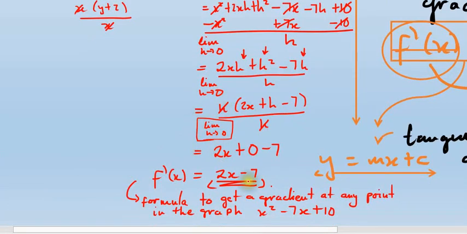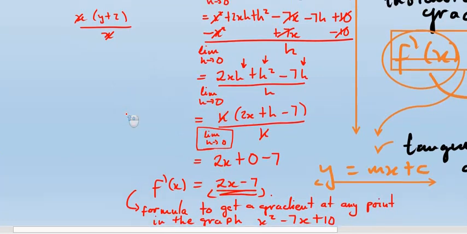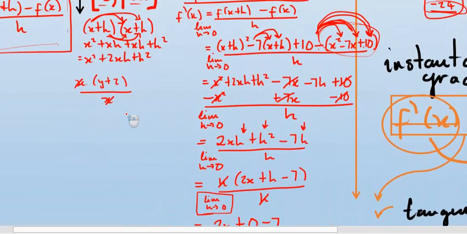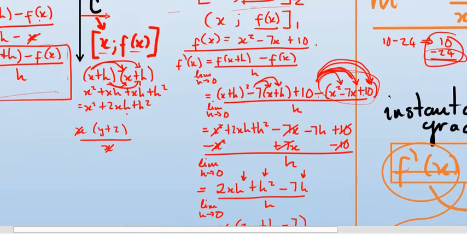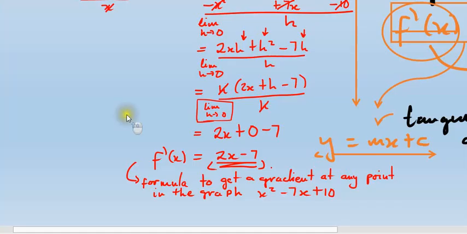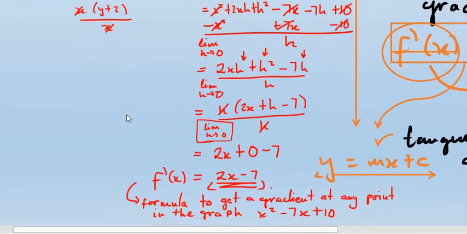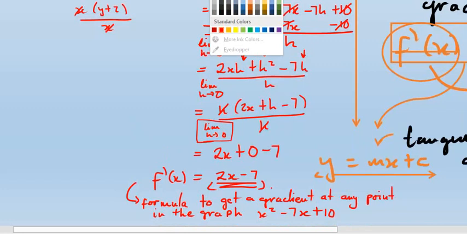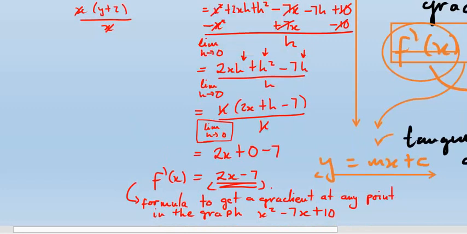Right, so that means if we were to ask you, let's just compute a value. You have a curve, and the curve was f of x equal to x squared minus 7x plus 10.